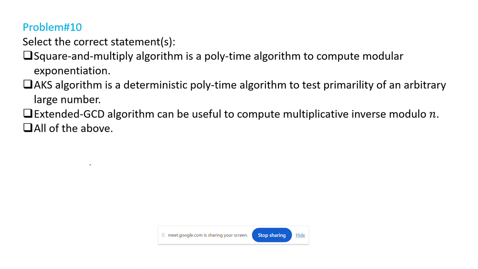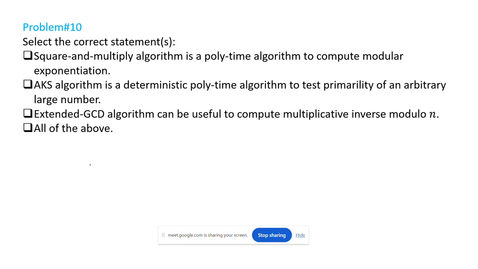Yes, so in the square and multiply algorithm, when you are trying to raise some integer a to another integer b in modulo n, you look at the binary representation of the exponent b.